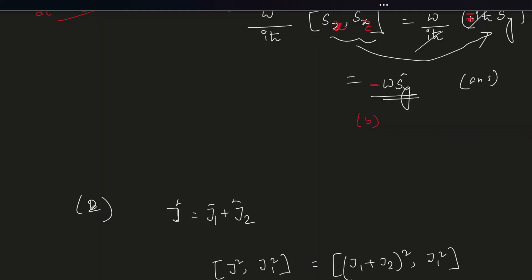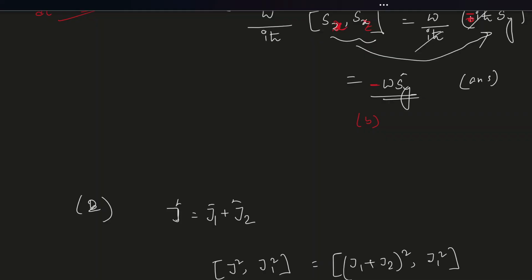Because these are all operators, J1 plus J2 whole square is not like a simple square operation, but it basically means J1 plus J2 multiplied with J1 plus J2. So remember that they all have hat signs, even if I am not always mentioning it, but mathematically they are all operators. So J1 and J1, J1 squared, and then sequence matters.